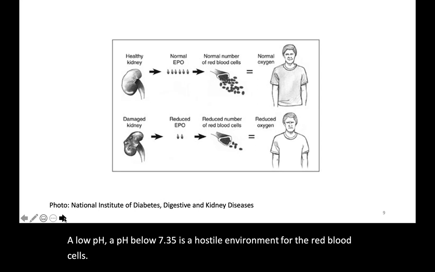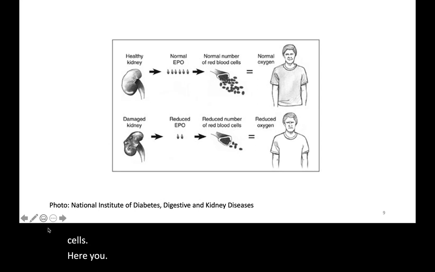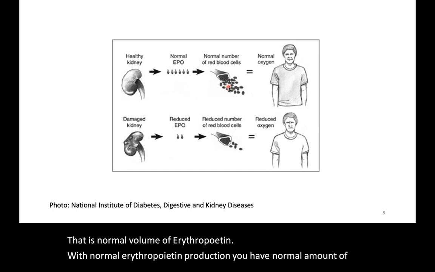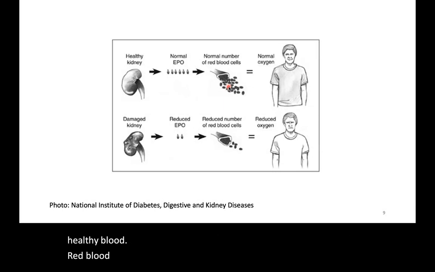Here you see the normal healthy kidney producing normal erythropoietin. That is normal volume of erythropoietin. With normal erythropoietin production, you have normal amount of healthy red blood cells, and normal oxygenation.